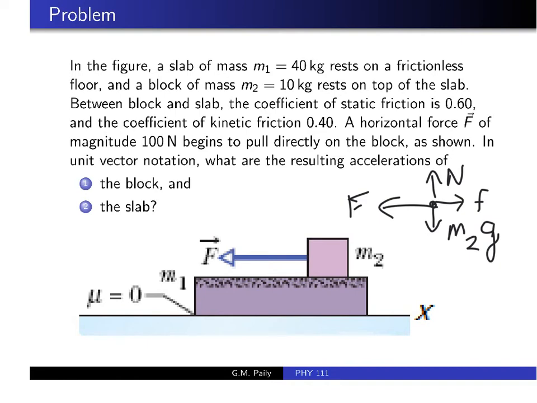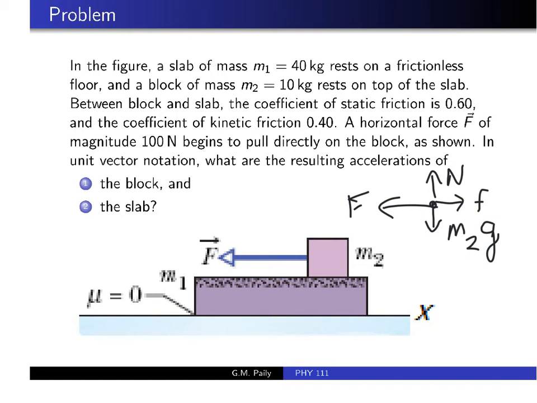The normal force is balancing the weight M2G. If we take G to be 10 meters per second squared, then M2G would be 100 newtons, and so the normal force would be 100 newtons. That times the coefficient of static friction, which is 0.6, would give us 60 newtons.